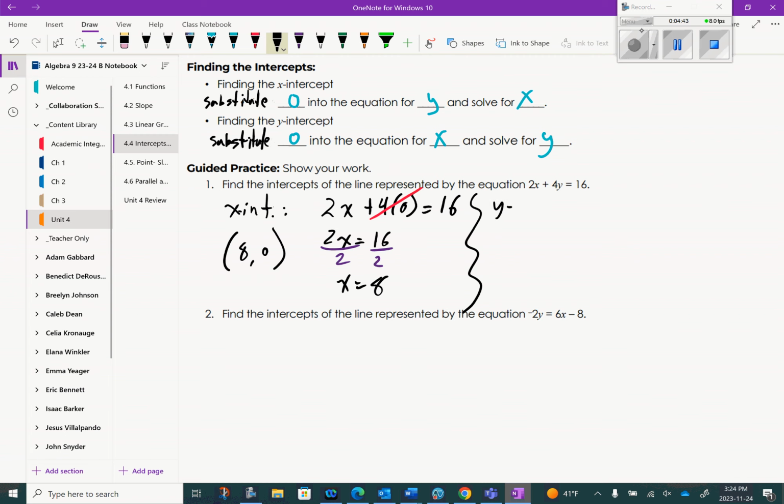And then go the other way. To find the y-intercept, we substitute 0 in place of x. Leave the y. As a matter of fact, we're going to solve for y. That gives me 0.